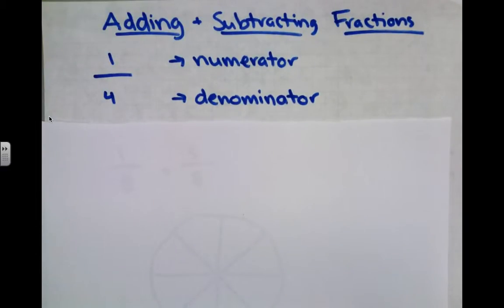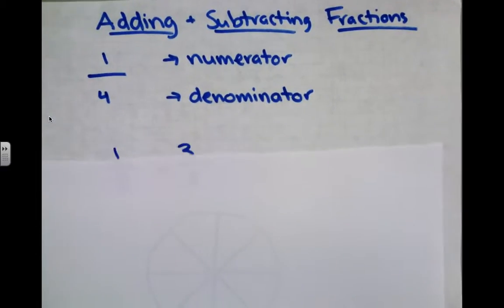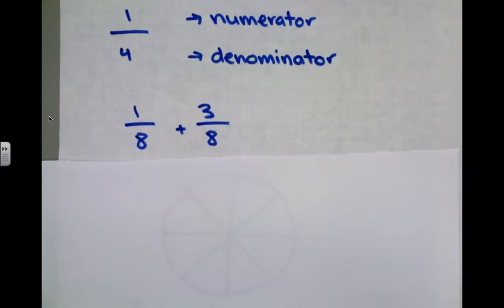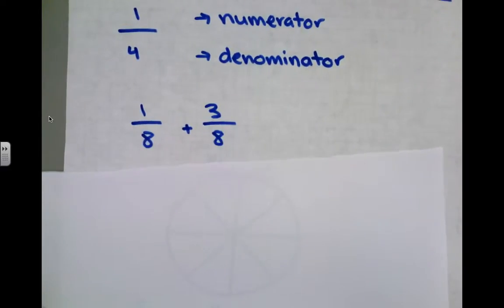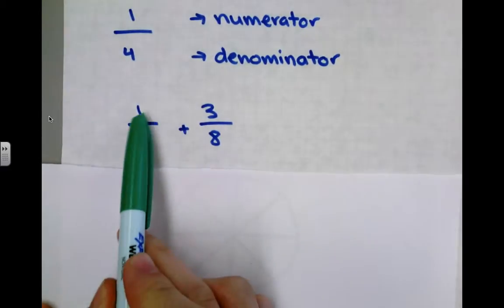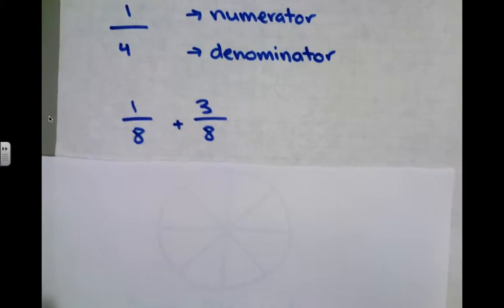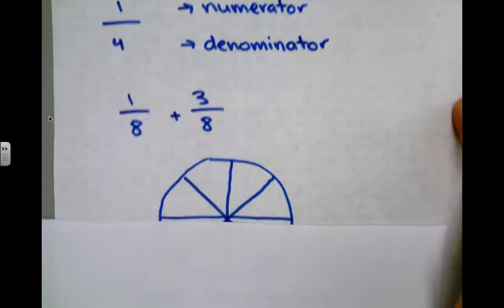Now, when we add these fractions, something like 1 over 8 plus 3 over 8, a good way to think about that is looking at these right now, we have different numerators, but we have the same denominator. Anytime we have the same denominator, these are going to be a little bit more straightforward.